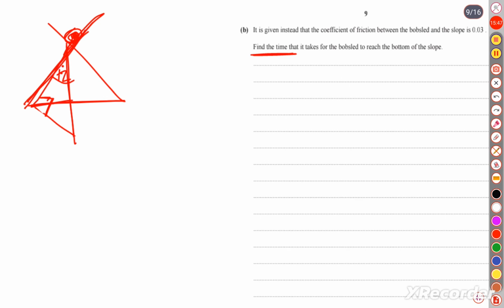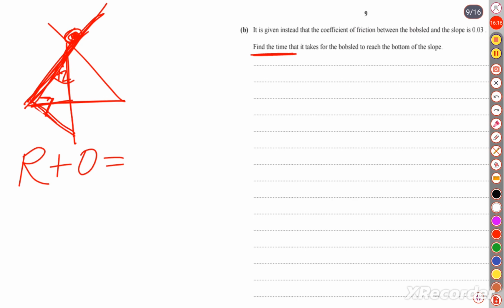As they have mentioned, the plane is now rough, it's no more smooth, there is frictional force. So we will have to find the frictional force first. We know that the normal reaction R plus upward force is equal to the downward force. There is no upward force acting on the bobsled. The downward force is this one, as we have already decided this is the normal reaction line.